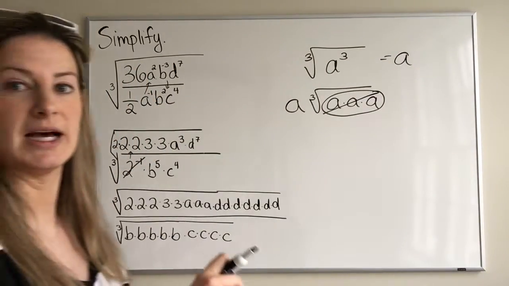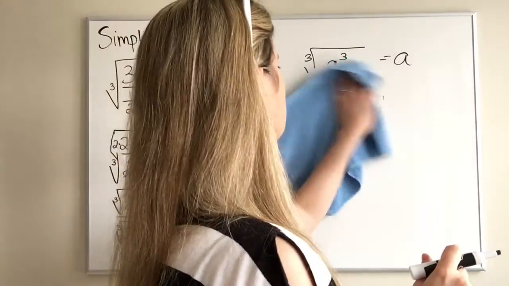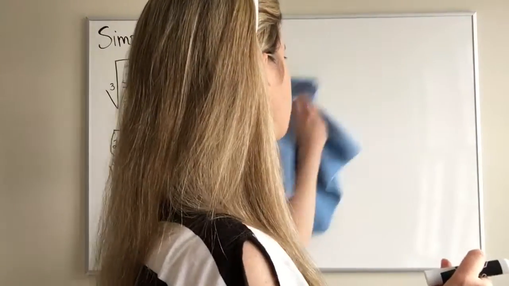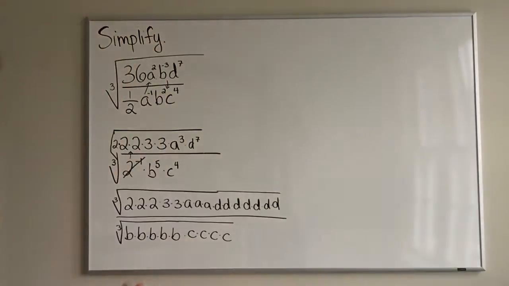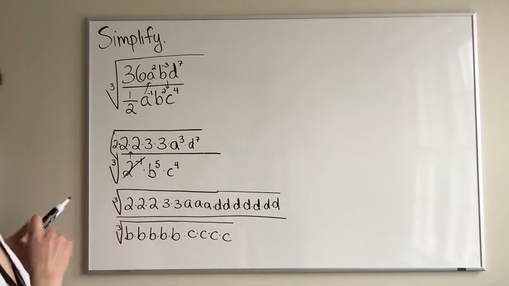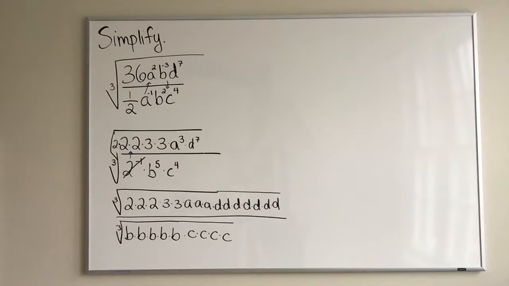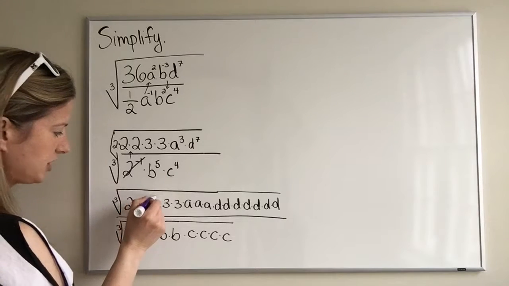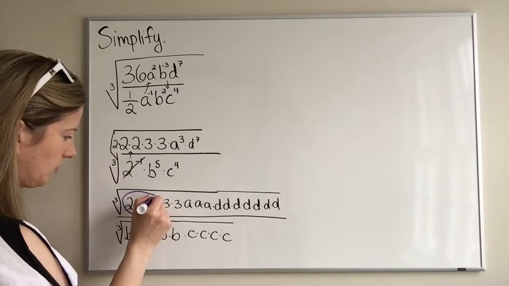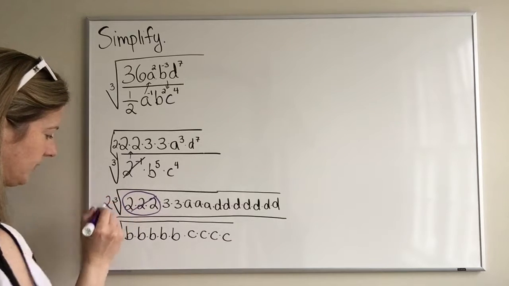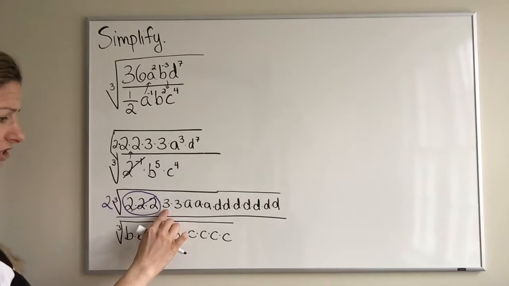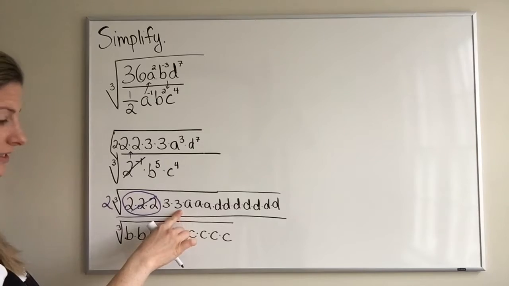So remember, because we're doing cube roots, we are looking for 3 of one thing, okay? So the first thing I'm going to notice here is, and you know what, maybe I'll switch colors so we can see a little better. Okay, so I have 3 2s, which means I can circle it, cross it out, and bring 1 out front, okay? I don't have 3 3s, so those are going to have to stay underneath.